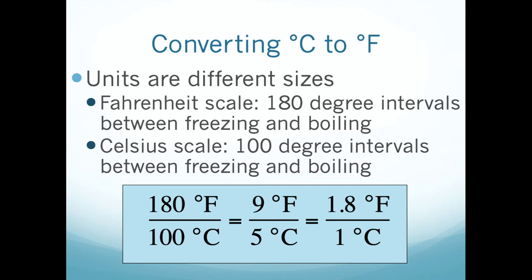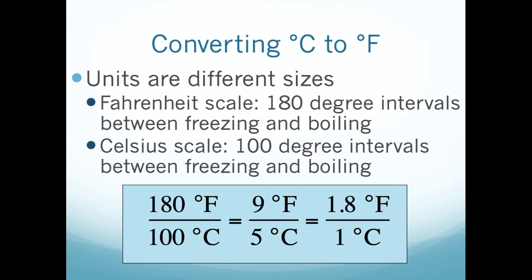So if you were looking at the markings on a Celsius thermometer versus the markings on a Fahrenheit thermometer, the markings on your Fahrenheit thermometer would be closer to each other.